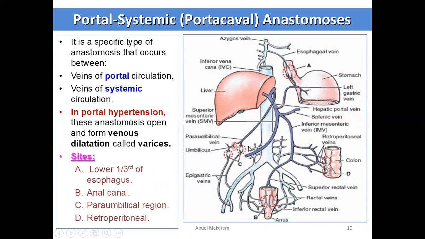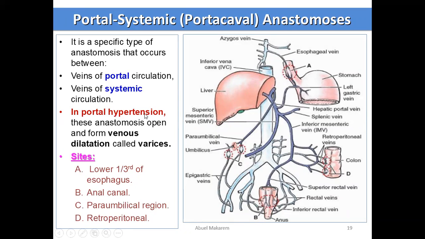All these are the different sites of the portocaval anastomosis, where the systemic veins anastomose with the portal veins. So there is a connection between the portal vein and the systemic veins. It is a specific type of anastomosis that occurs between the veins of the portal circulation and the veins of the systemic circulation.